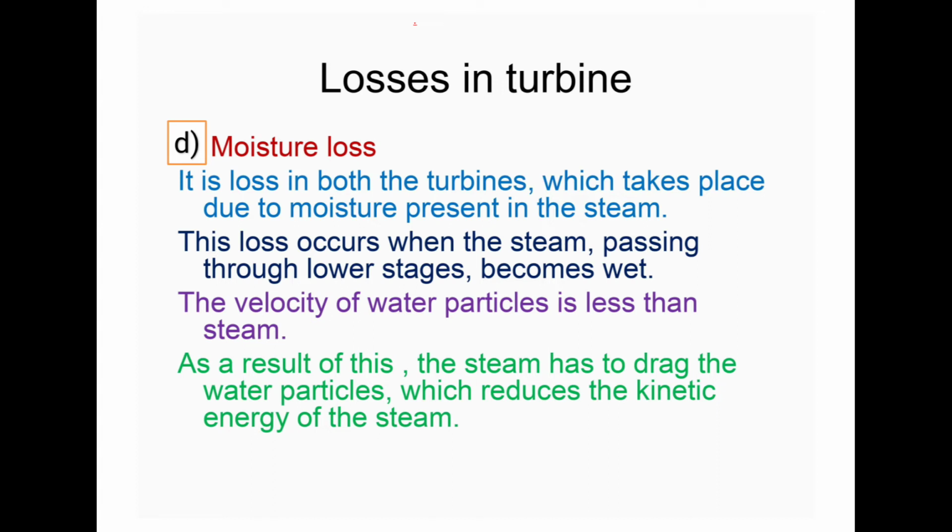As well, steam consisting of moisture will affect the moving blades or moving system in the turbine. So we should be careful about the moisture loss.